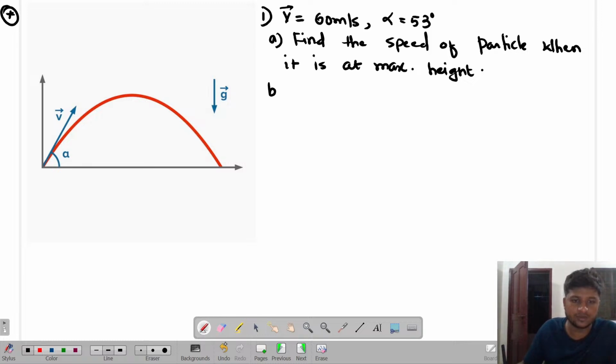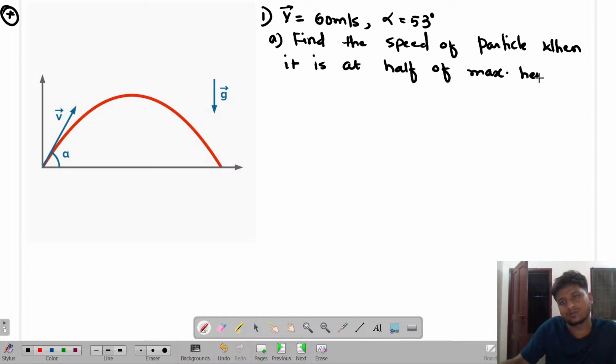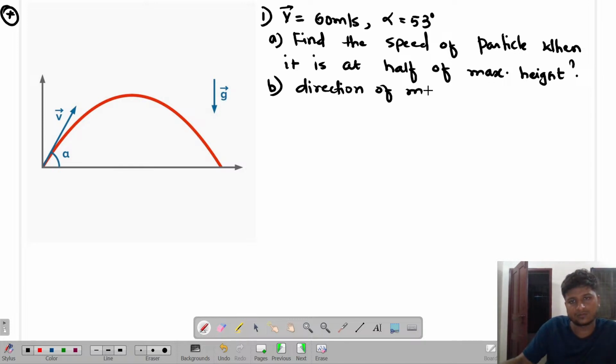Second, sorry, find the speed of the particle when it is at half of the maximum height. Question B, direction of motion with the horizontal at t is equal to 4 seconds. We have to solve it fast.